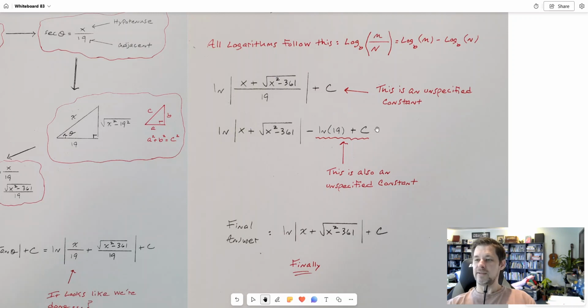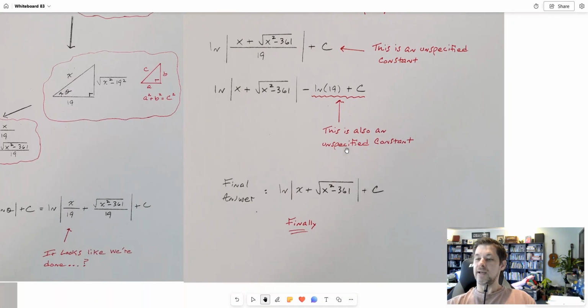And if that seems strange, then you just have to tell me, why would it matter if I'm already saying c is some constant that I don't know? Then I don't know this constant, natural log 19 plus c, any more than I know, or any less than I know plus c. So you can absorb it together and just say, well, all right, there's still that plus c at the end. Okay? It would do no harm. That could never go wrong if you do that.